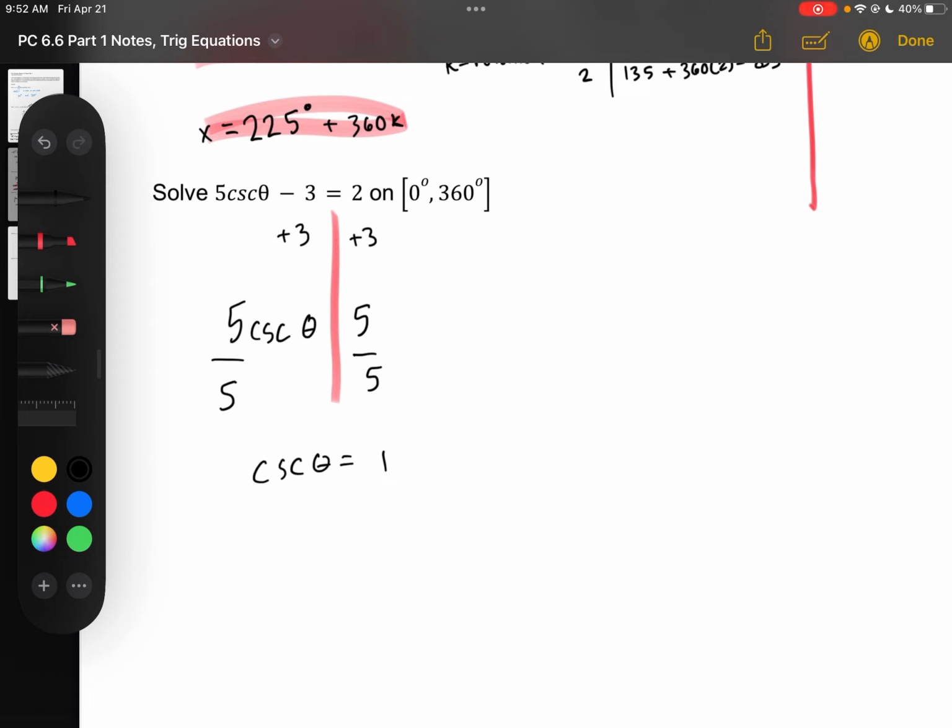Then on the unit circle, we have to remember that cosecant partners up with sine. In this case, sine is y, so cosecant is equal to 1 over y. So if we're looking for 1 over y equal to 1, we basically want a value of y equal to 1.